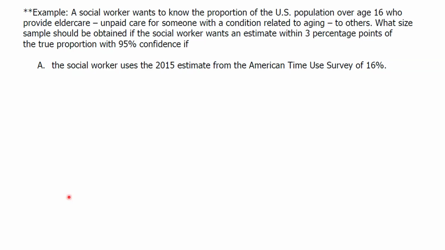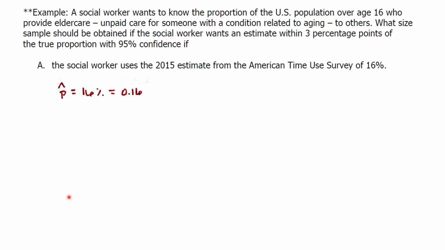95% confidence if A, the social worker uses the 2015 estimate from the American Time Use Survey of 16%. So now they're using the percentage 16% as the population proportion for this sample size.